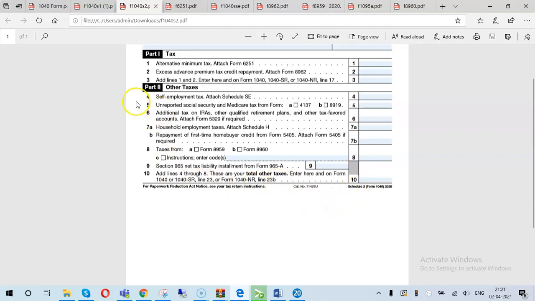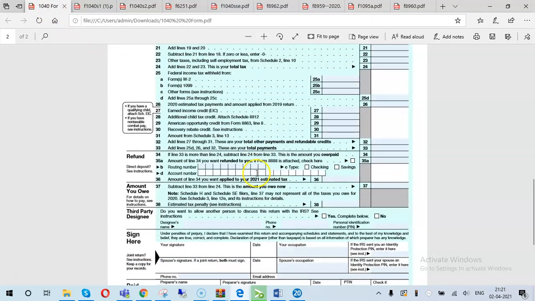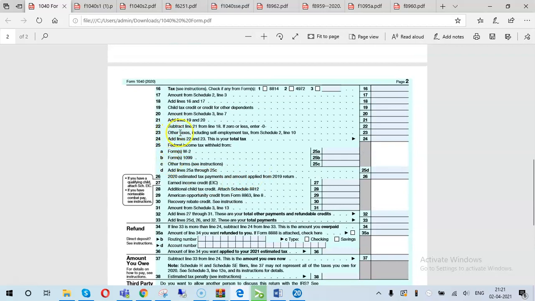All of this from lines 4 to 9 should in total come to line number 10, and this should flow to Form 1040 line 23. See, from Schedule 2 line 10, this should flow here.